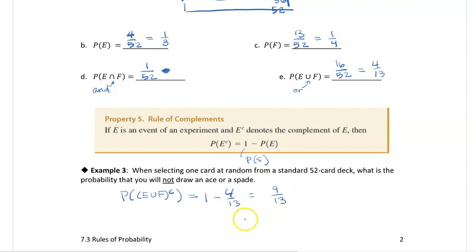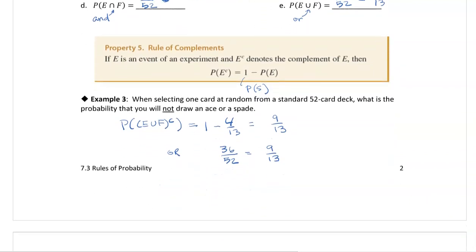Now we could have just said, okay, we have 36 cards that are not ace or spades, out of 52. That also gives you 9/13 if you reduce that. So you can do it either way. But just keep in mind that if we subtract what we don't want from 1, we get what we do want.